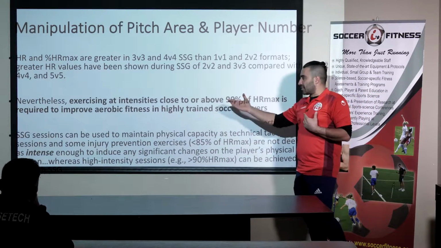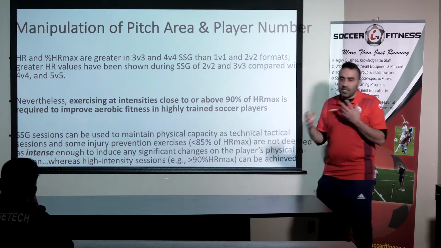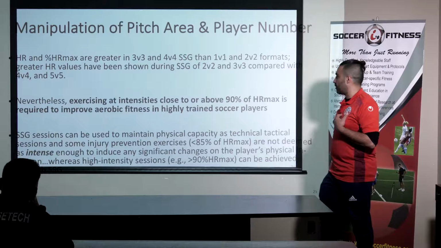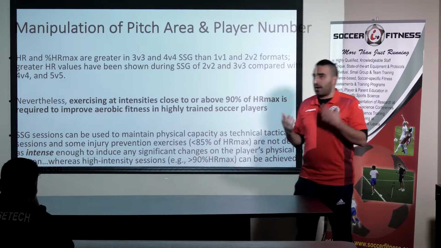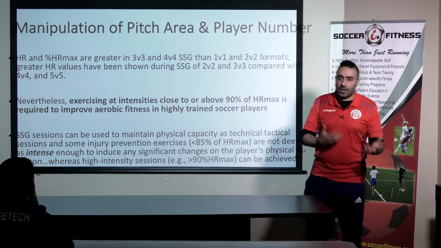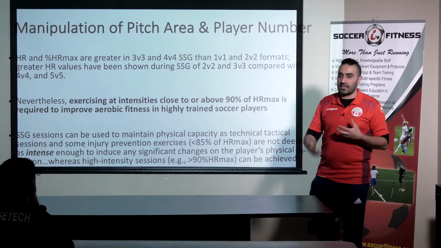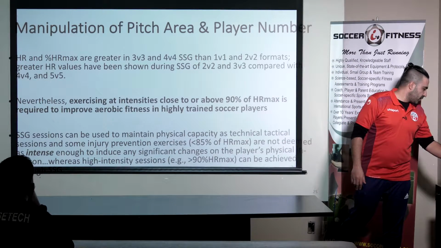But nevertheless, exercising at intensities that are close to or above 90% is required for that improvement in the aerobic fitness of the players, especially trained soccer players. So I don't know whether it's a science or whether it's an art, but it definitely comes with experience and understanding essentially what you can manipulate in order to achieve what you want.